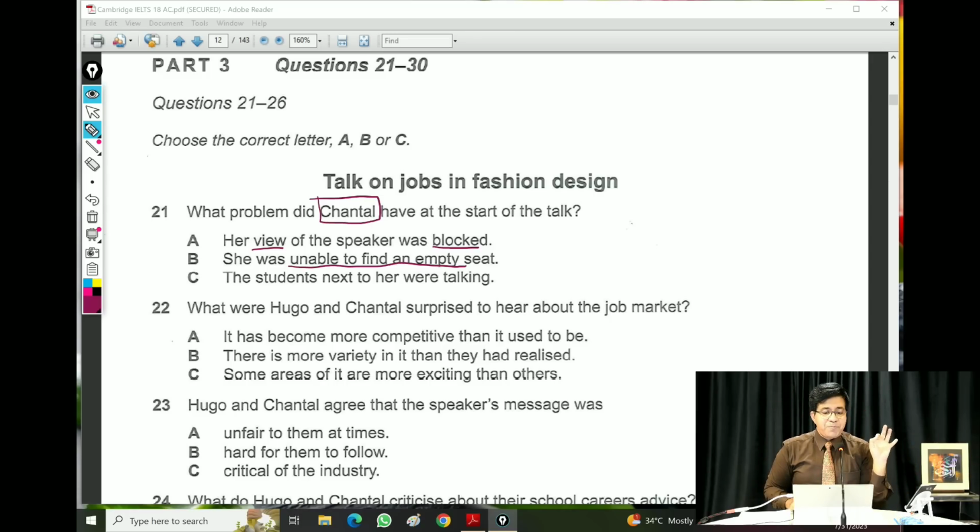So what was the problem that Chantal had? So option A, view blocked. Option B, unable find empty seat. And option C, students talking. Got it? Like this you need to understand. This is what we call notes. These are not words, these are not sentences, these are just notes.